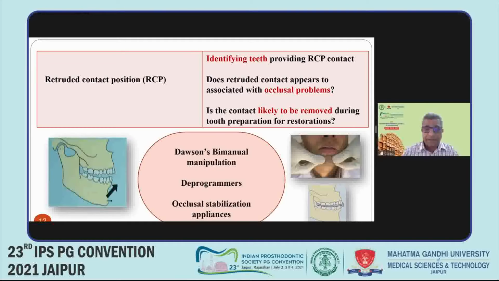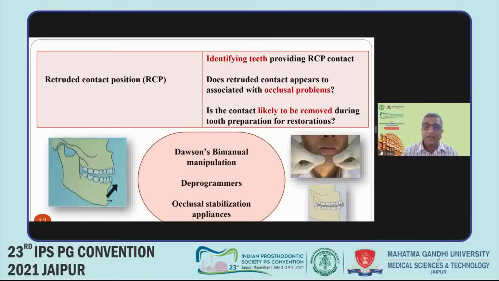The next is the retruded contact position, which you call the centric relation position, where it is very difficult to locate, especially in dentulous individuals. In edentulous individuals you can consider it a bone-to-bone relation, but in dentulous individuals it is tooth guided, and because of the proprioceptive guidance they tend to go to the intercuspal position.